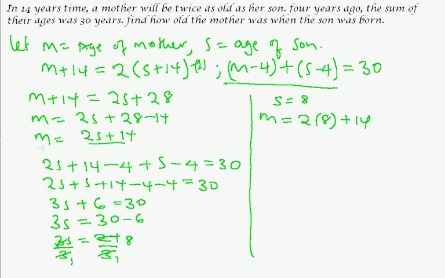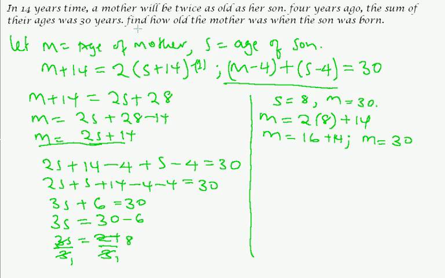You can get that one from this equation here. So m is equals to 16 plus 14. M is equal to 30. So the age of the mother, which was m, is 30.